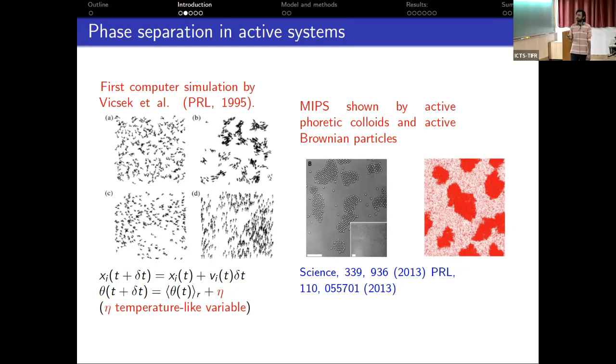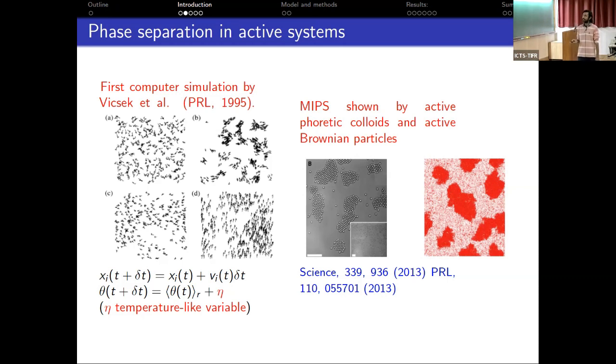This kind of transition was demonstrated by two simple equations, where at each time the position of the particles is updated by this equation, x_i(t), and their angles are updated by this equation, where theta average tells you that the velocity direction of each particle is influenced by the average direction of its local neighbors.